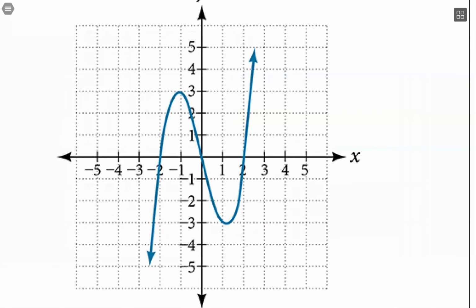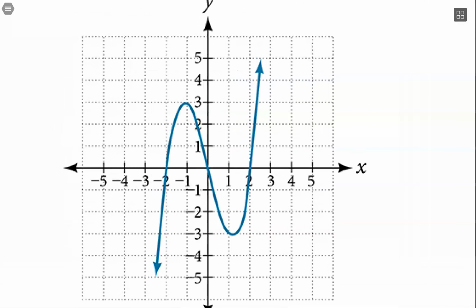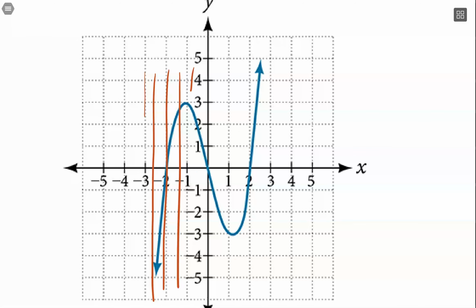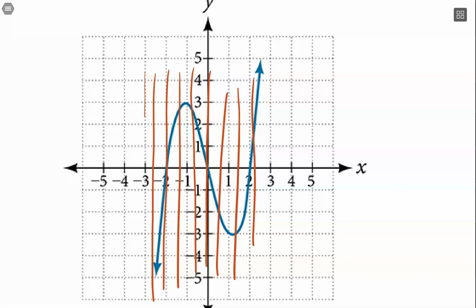So this function here, what I want to do is imagine every possible vertical line that I can draw. This is going to get messy, but every possible vertical line, I'm not even drawing all of them, just too many of them. But the idea is that with each of these vertical lines, and maybe all of these would intersect in this case, sometimes it doesn't intersect at all.